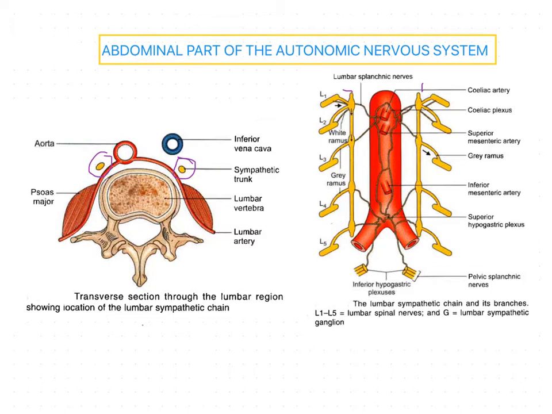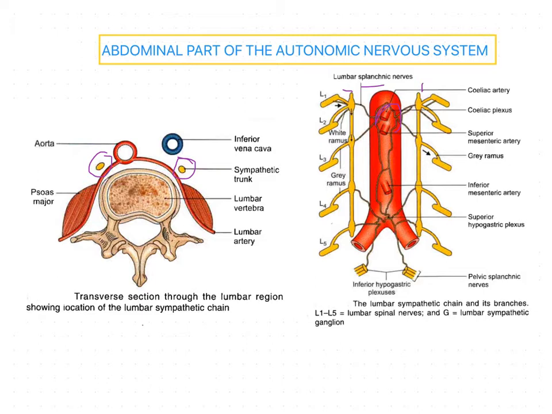Here we can see this is the celiac plexus, which is formed by the splanchnic nerves from the thorax, the nerves supplied to the visceral organs. So some of the nerves which form the celiac plexus also supply the abdominal organs including the gonads.